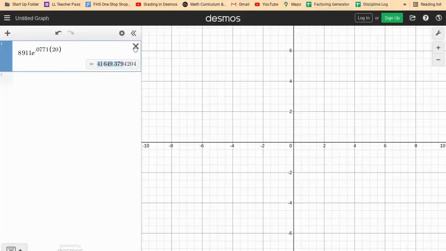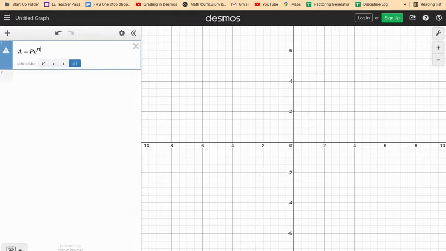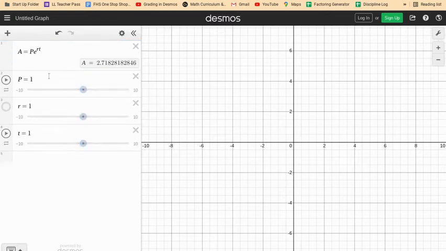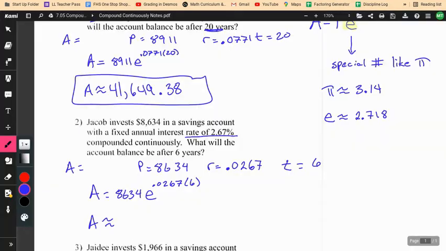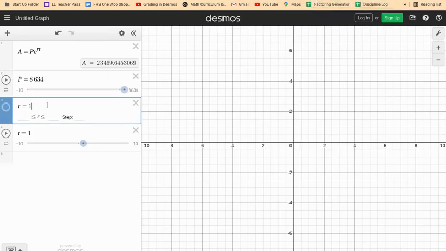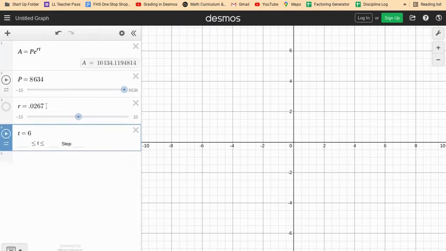And again, let's go ahead and find our estimated value after 6 years. This time in Desmos, I'm going to change it. If you remember, I put in the formula last time and I hit all these sliders. So now I really just have to go back and change this information. So this initial amount is 8634. The rate is 0.0267, and the time was after 6 years.